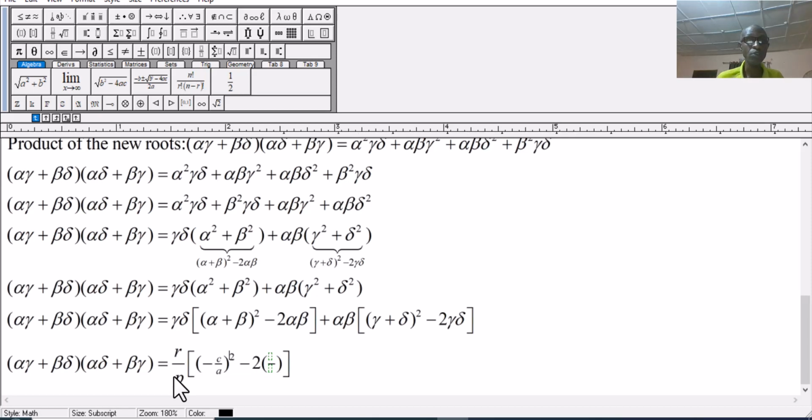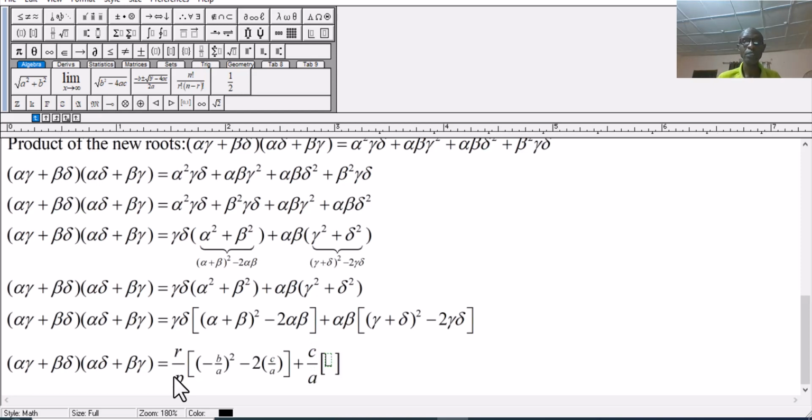No, this is b over a, sorry, this is b over a, and then we have c over a for that. So plus, we move to this side, the product that is c over a bracket opened.